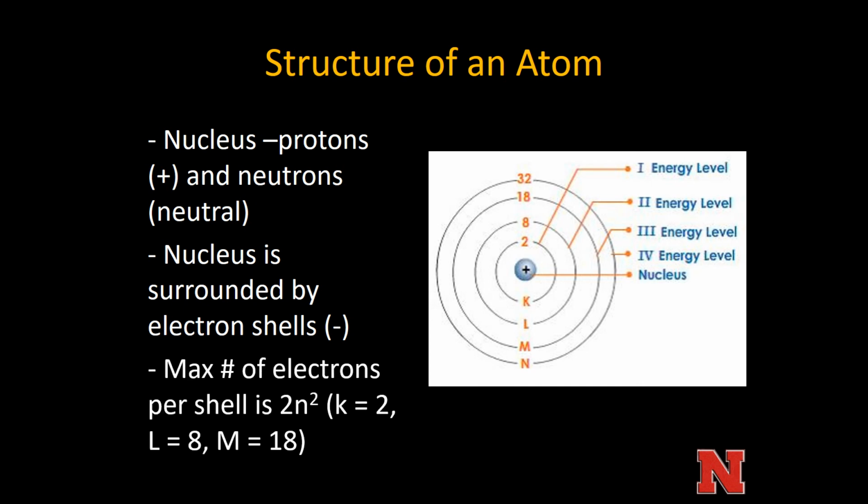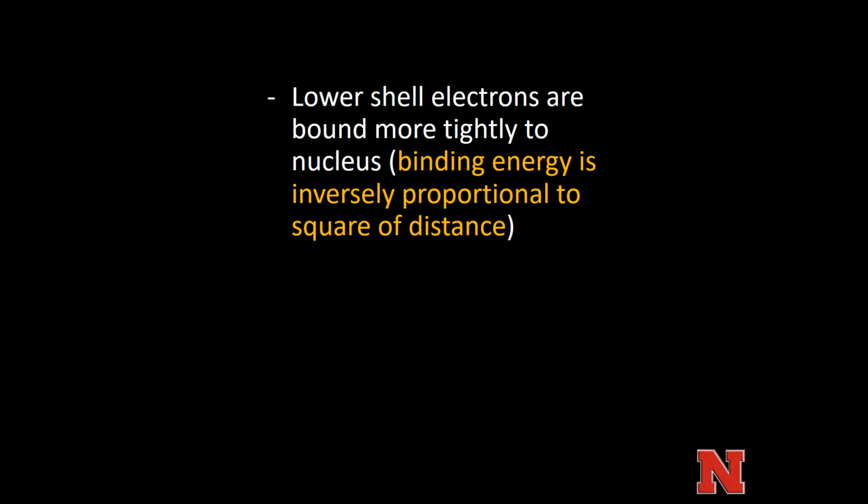electrons in this diagram. The maximum number of electrons per shell can be mathematically calculated at 2n squared. So if K is the first one, 2 times 1 squared is just 2, and then in the L shell it would be 8, M you get up to 18. So progressively there's more electrons peripherally the further out you get from the nucleus.